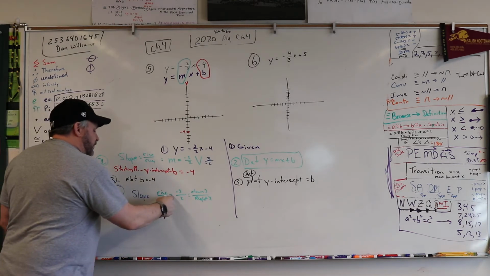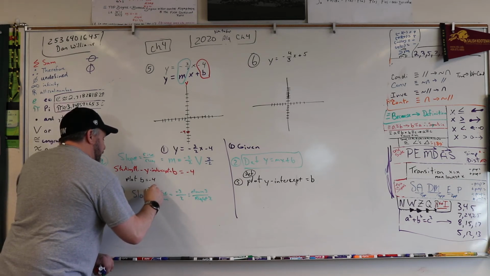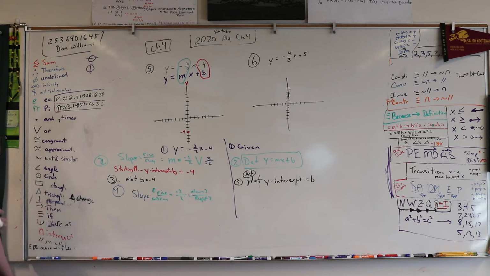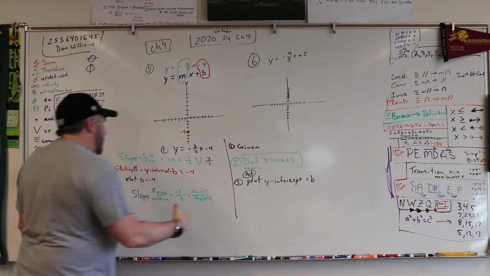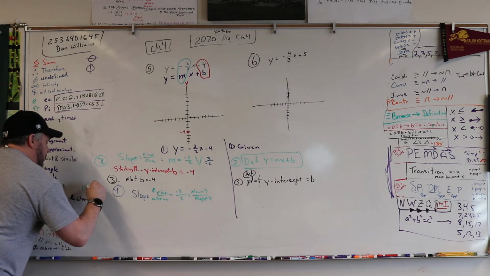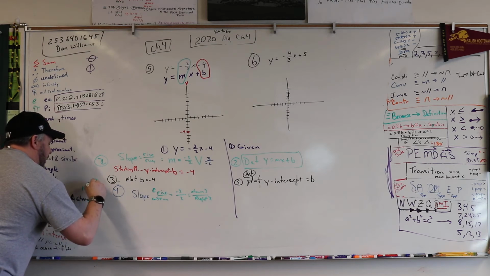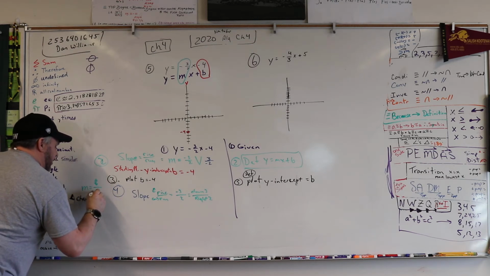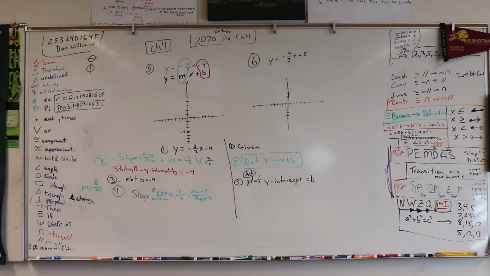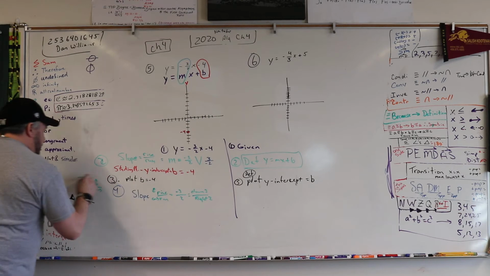So the top is up or down. The bottom is left to right. Okay? So a lot of times what I do with slope is m equals this arrow of up and down over this arrow of left and right. That's how I like to write it on my cheat sheet. This helps me.